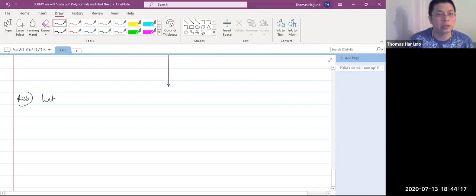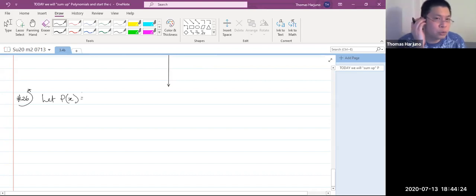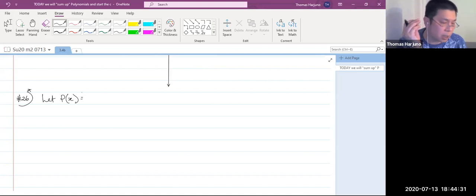Let Px equal to, I modified the question. If all you need to do is finding the zeros, then you don't need to call that Px anymore. You still can, but you don't need to, right?